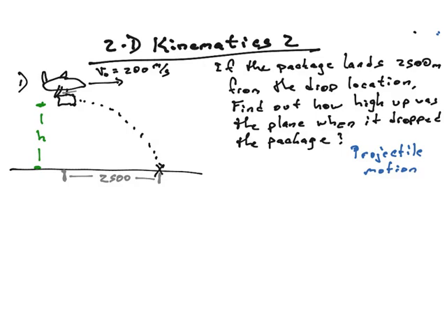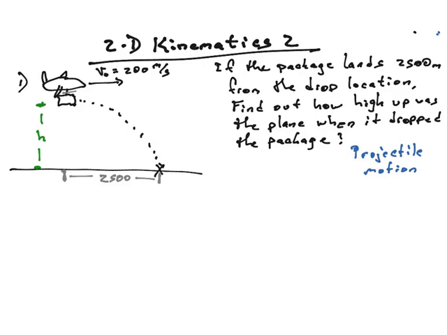So, of course, projectile, you think of a bullet shot from a gun, but anything, if you throw a rock and a rock's free to move under the influence only of gravity, that's a special kind of kinematics problem called a projectile motion problem.